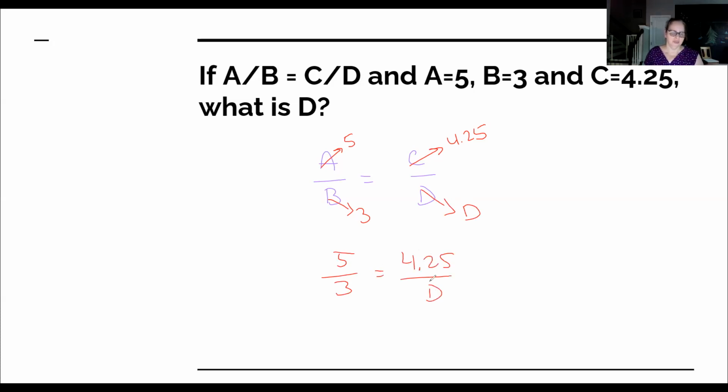You'll want to use some sort of cross multiply and divide method on this one because the D is on the denominator. You cannot just divide by 4.25 on both sides and call it done because that's still going to leave your answer in 1 over D. So the two things that are identical on the diagonal, that's a multiply.